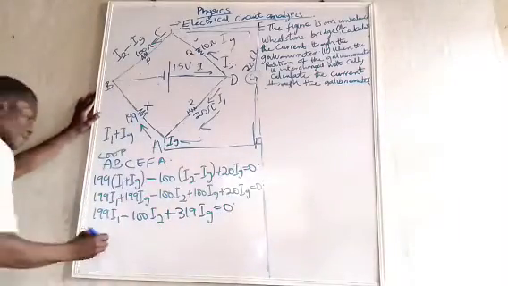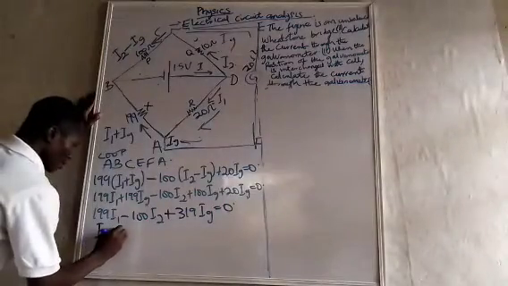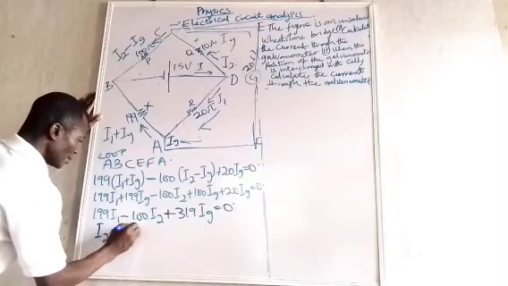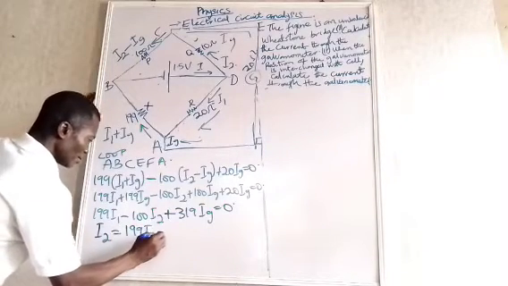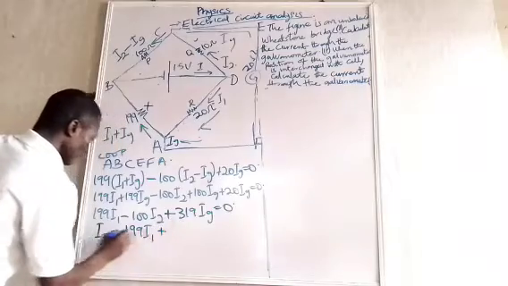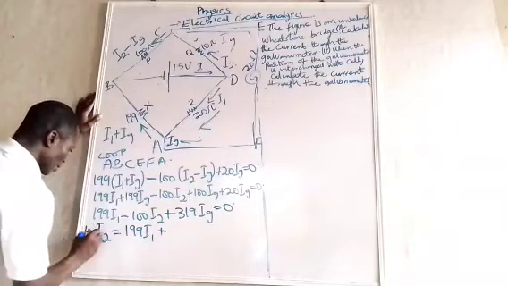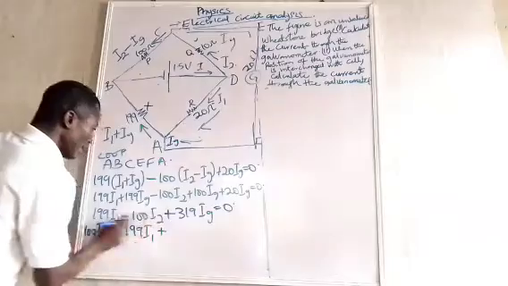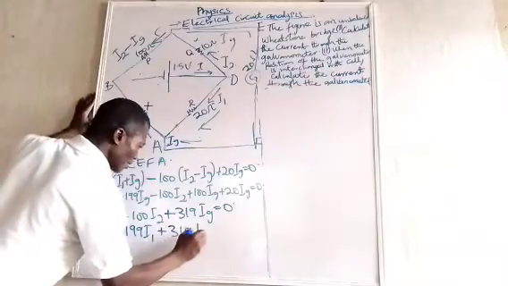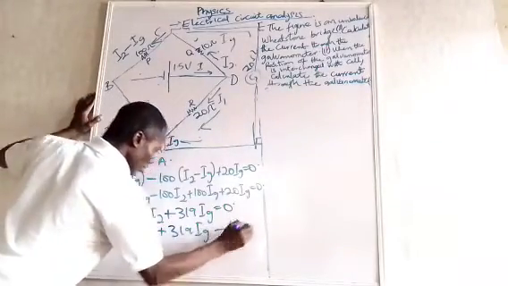So I can easily say that 100 I2 is equal to 199 I1 plus 319 IG. Let's call this equation 1.